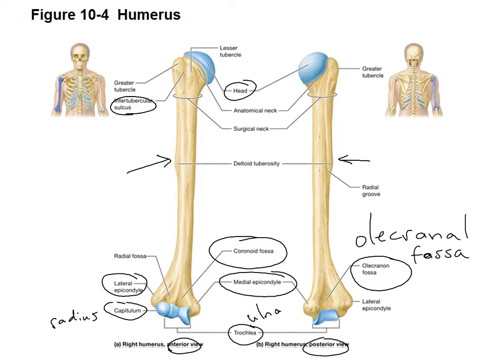The ulna has an extension on it that fits into that fossa. So when you extend your arm, you actually feel this. If you extend your arm, you'll feel your elbow, and you can feel it go back into that olecranal fossa back there.